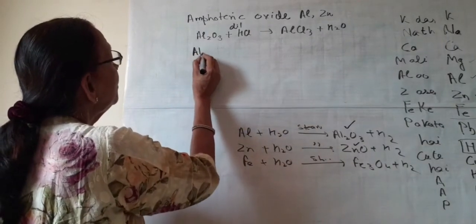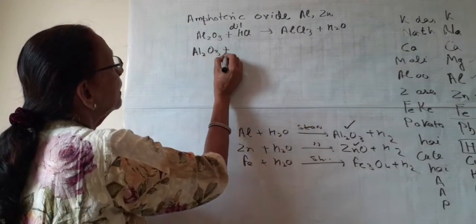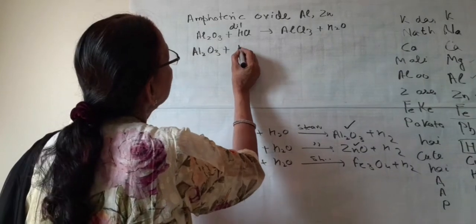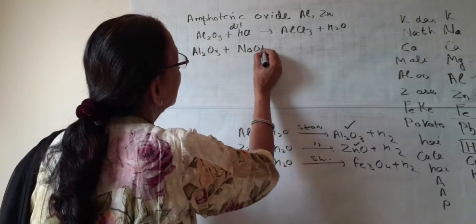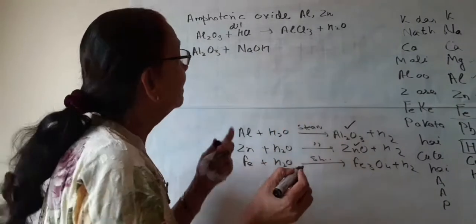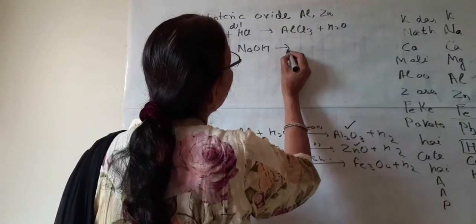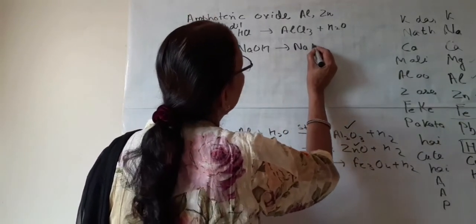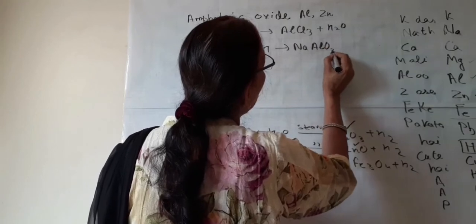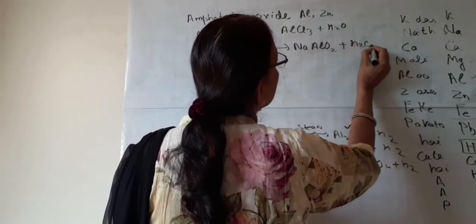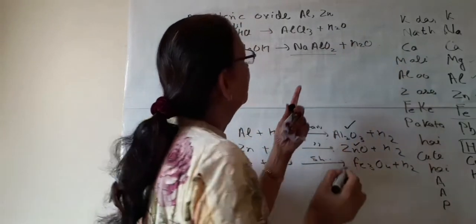Now this Al2O3 can also react with a base. NaOH is an alkali, a base. What will form? NaAlO2. This is a different type of compound.